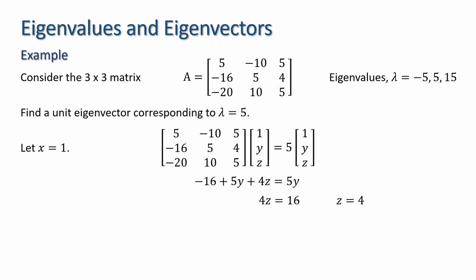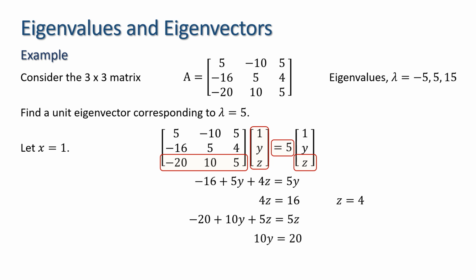Taking next the third equation, we have minus 20 plus 10y plus 5z equals 5z, which yields 10y equals 20, i.e. y equals 2. Thus, the vector (1, 2, 4) is an eigenvector corresponding to the eigenvalue lambda equals 5.